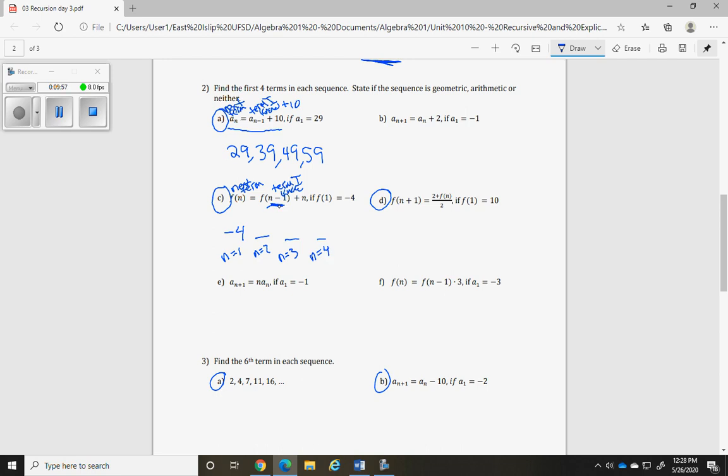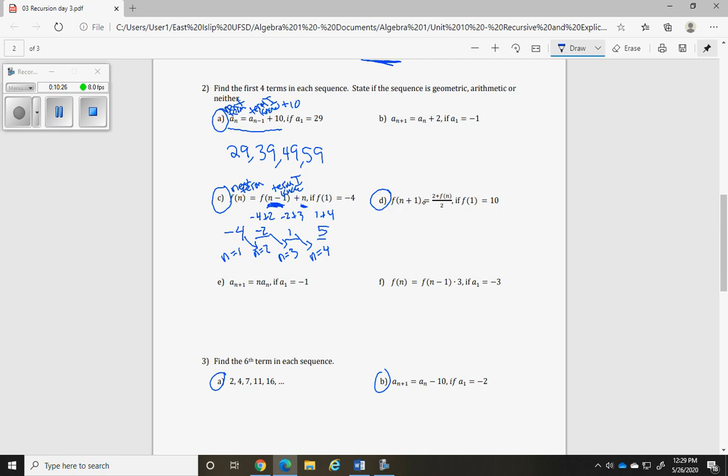The term I know is a -4. I'm adding on the next n, which is a 2. Now I know a -2. I'm adding on the next n. Now I know a 1, and I'm adding on the next n. So there's my sequence. -4, -2, 1, 5, and so on.